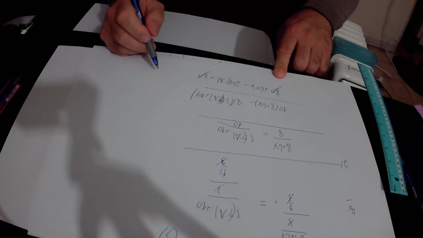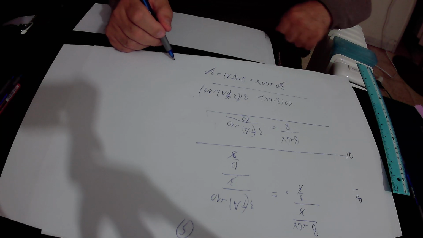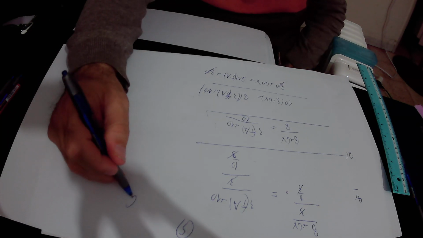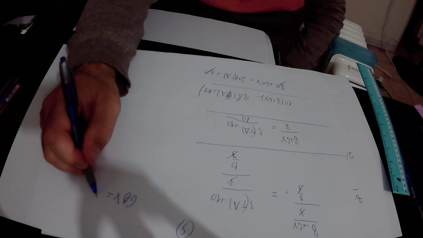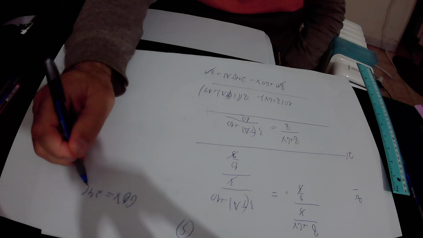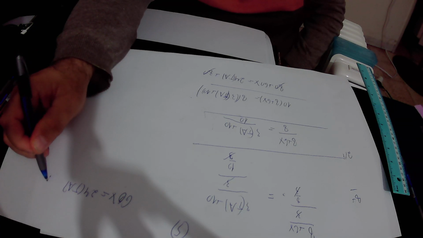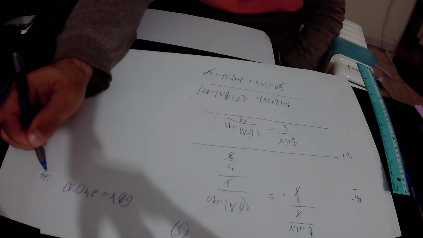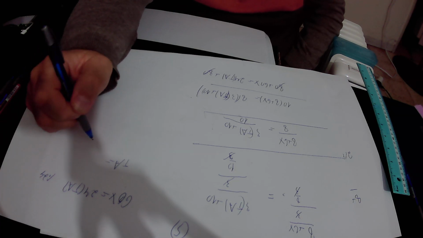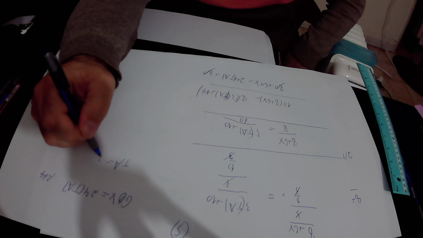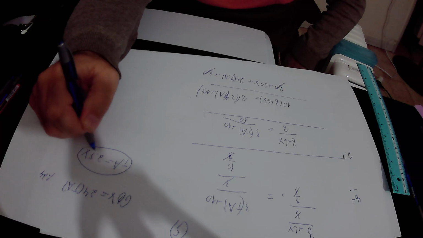And finally, what is left from this equation? We have here 60x, it is equal to 24TA. Here we divide this equation by 24 and finally we get that TA equals 60x over 24 is 2.5x. So finally we found out that TA equals 2.5x.